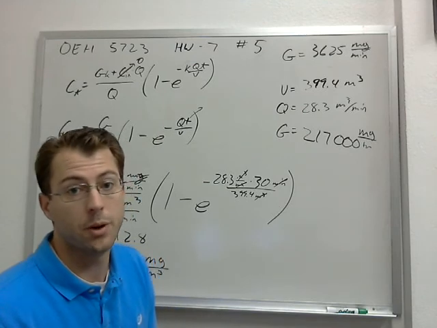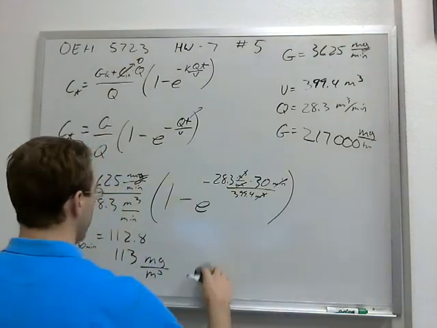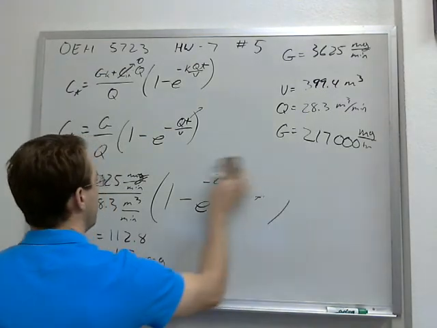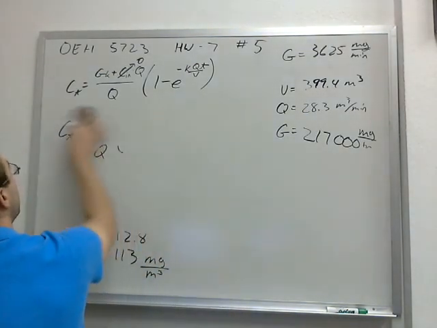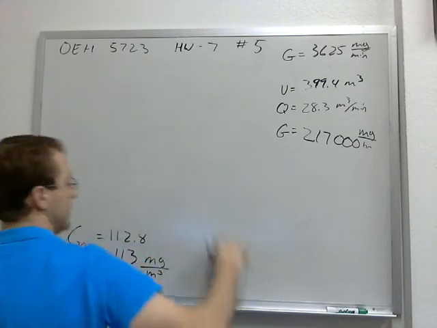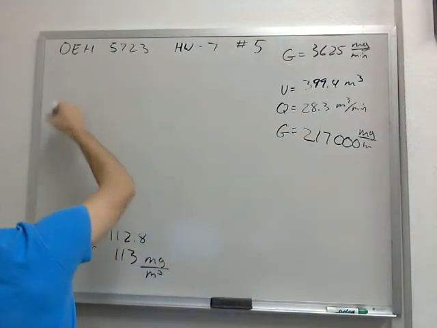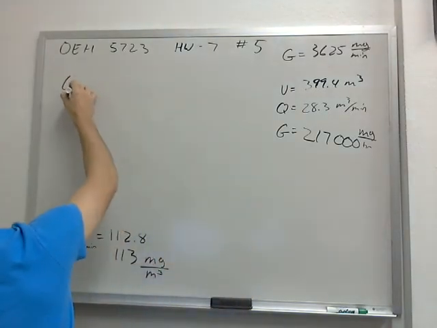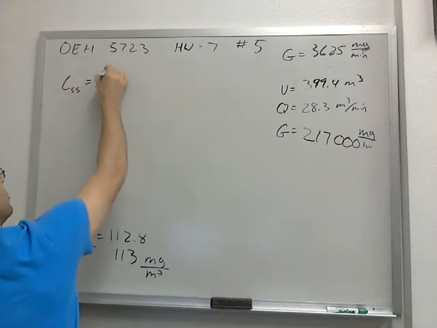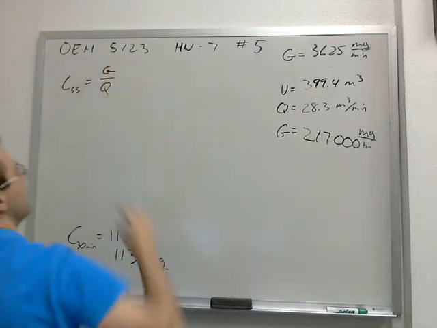Okay. And so now, at the steady state, then I ask you, how does this compare to being at the steady state? So this would be part B. And this is really, really simple because C steady state is equal to the generation rate divided by the ventilation rate.